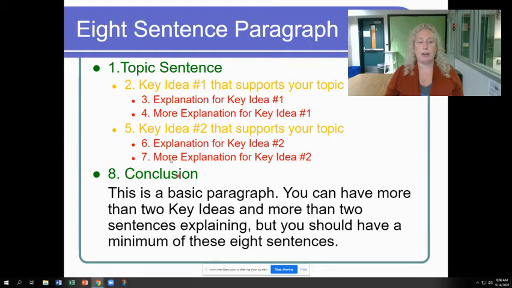And then finally you have a conclusion. So that's 1, 2, 3, 4, 5, 6, 7, 8 sentences minimum. Now you can have more than that. You can have more than 2 key ideas. You can have more than 2 sentences explaining those key ideas. Your paragraph can definitely be more than 8 sentences. 8 sentences should be kind of your baseline, right?